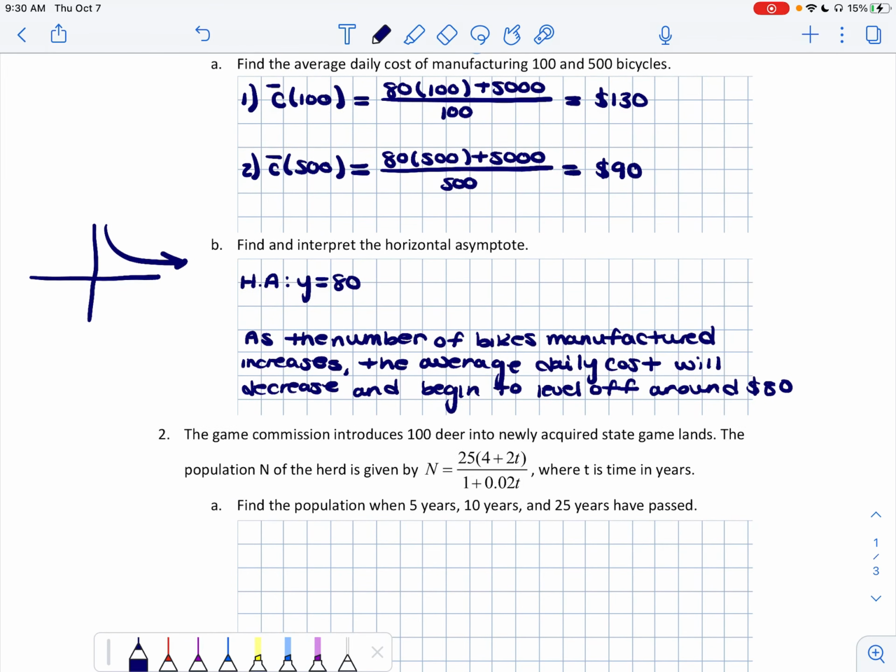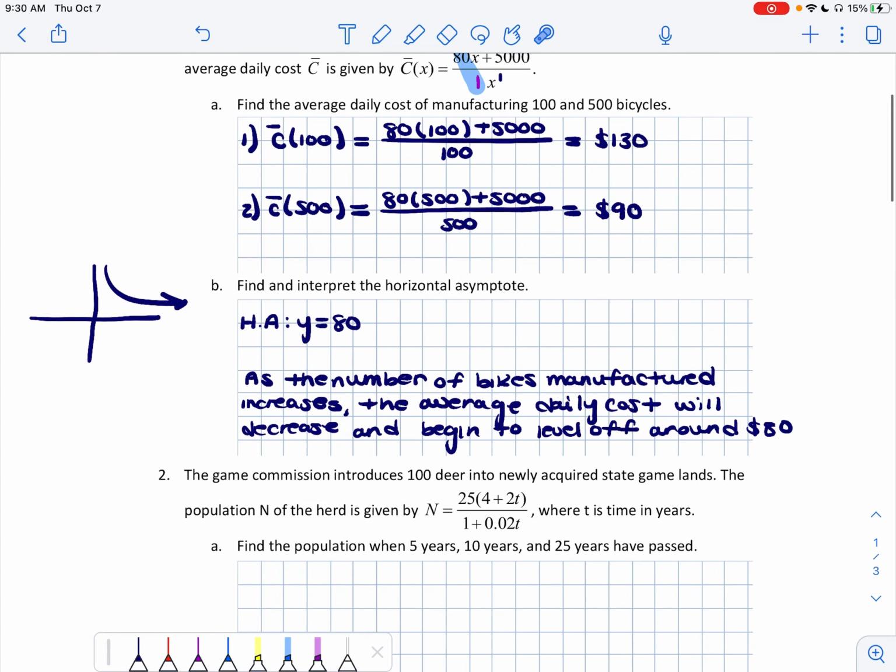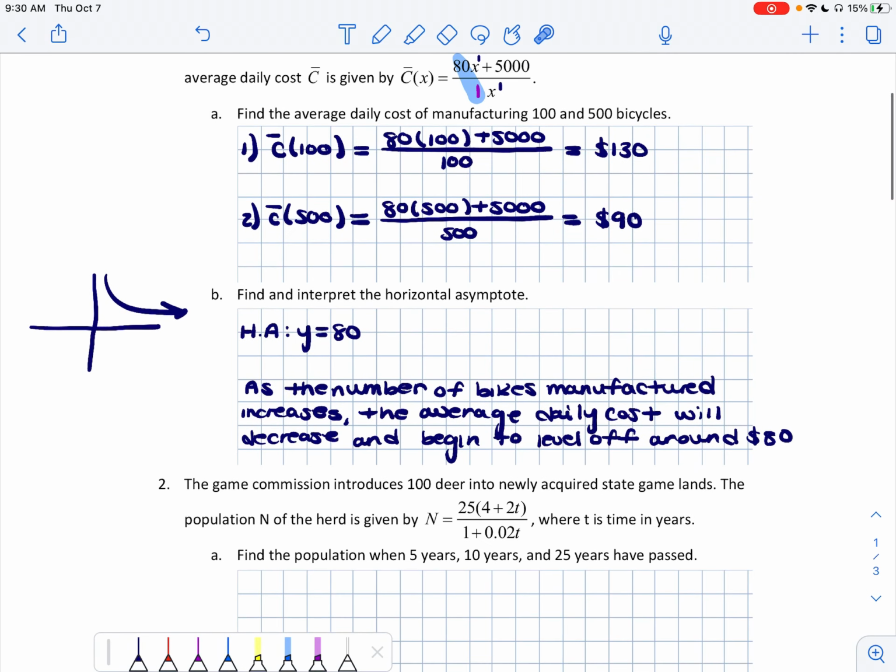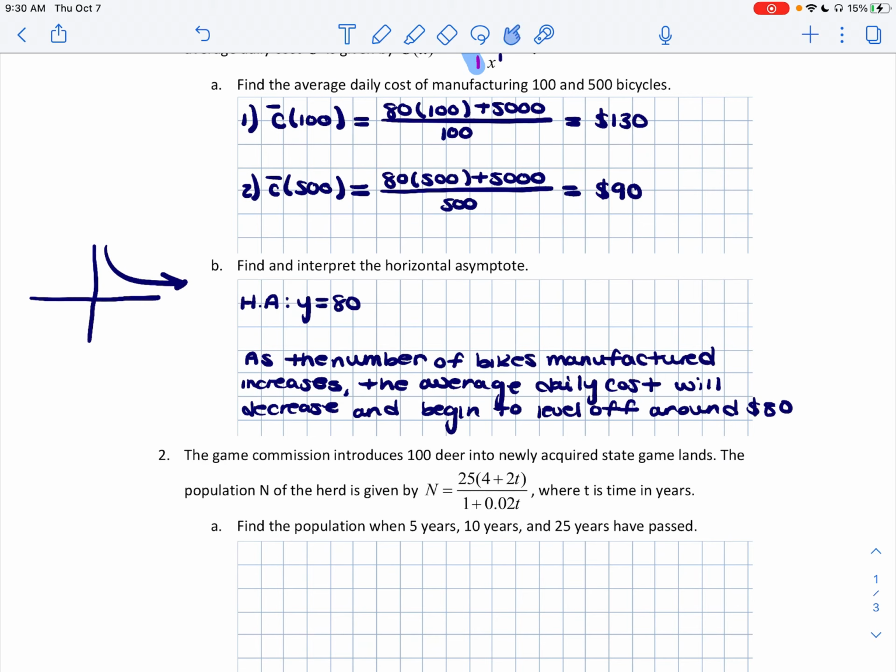Okay, now we can sort of prove this to ourselves if we plug in another number. So we can already see that trend happening just by looking at the 100 bicycles and the 500 bicycles, right? We saw that if you manufactured more bicycles, then it cost less money to produce those bicycles. So let's just say, plug in another number.